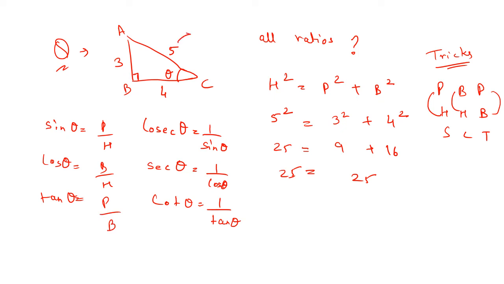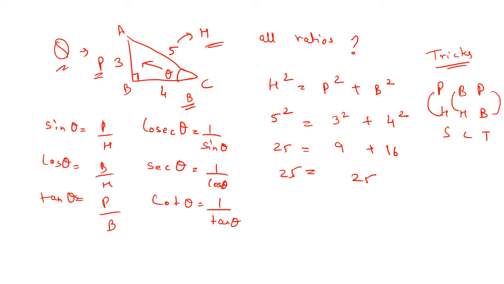This side is your hypotenuse, the side in front of theta is perpendicular, and the remaining side will be your base. I hope it is clear from the example I just gave.